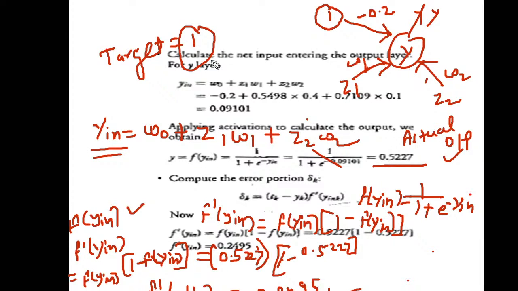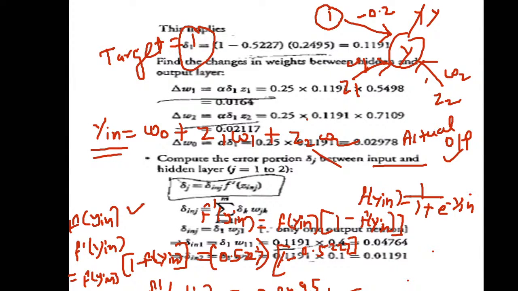And second thing, now we are saying that the target is 1 and the actual output which we got is different, so there is a difference. So now we are going for the second phase, that is calculation of error. So the calculation of error, let's see.